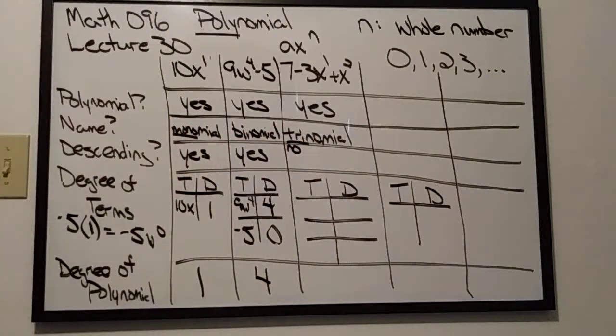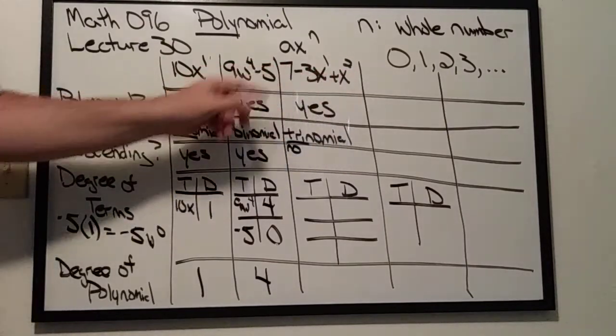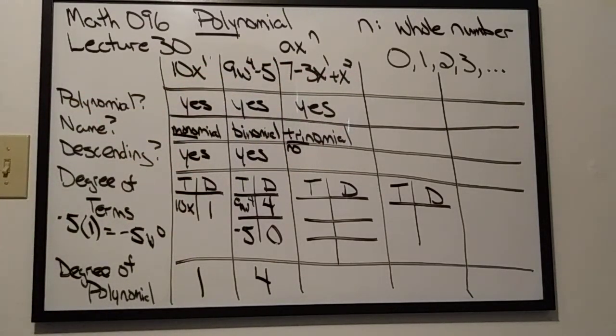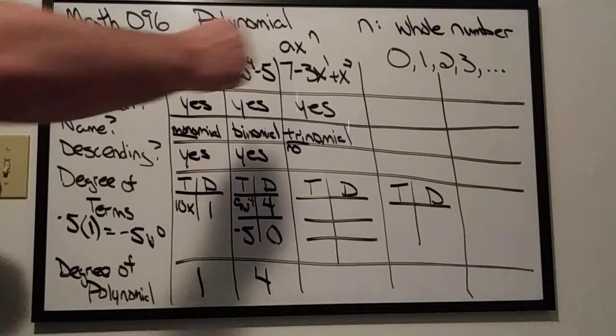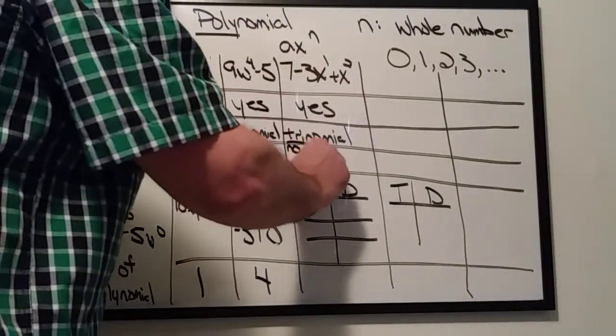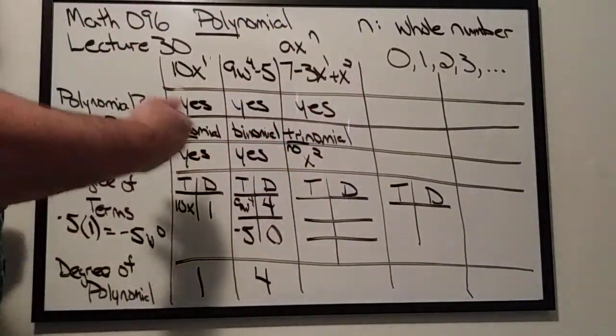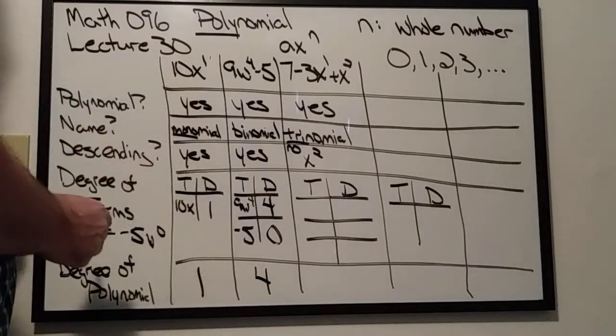And then the question is, well, okay, if it's not written in descending order, how could we rewrite this so that it is in descending order? Well, as I look at all of these different terms, the highest power of x in this problem is 2. So I'm going to go ahead and put x squared first. And then my next highest power would be x to the first.